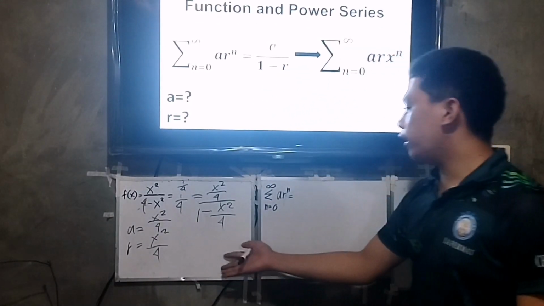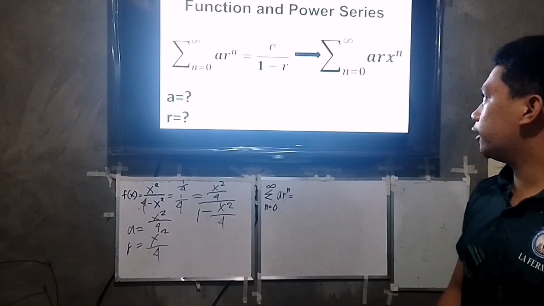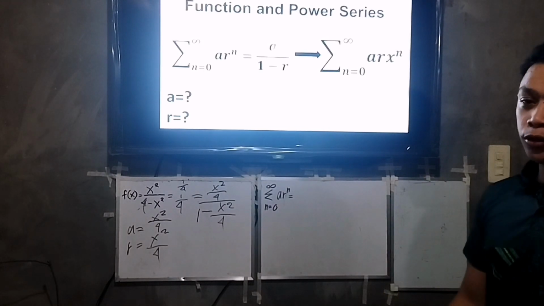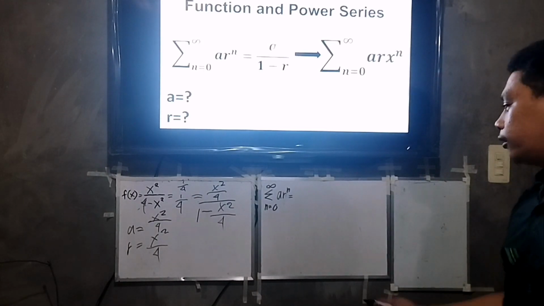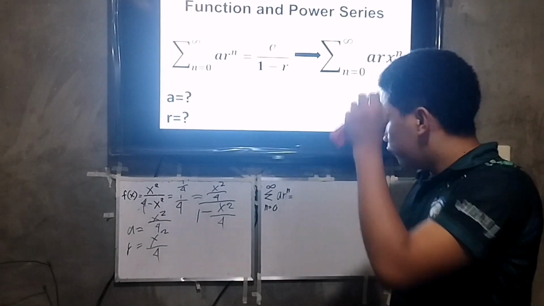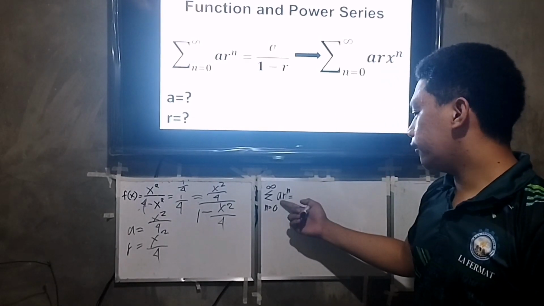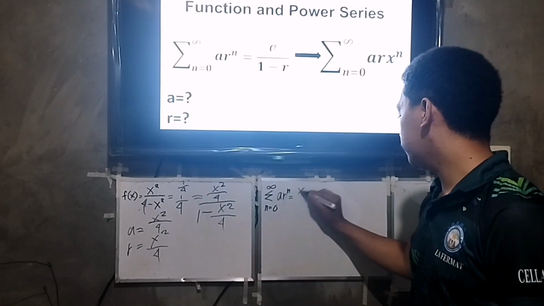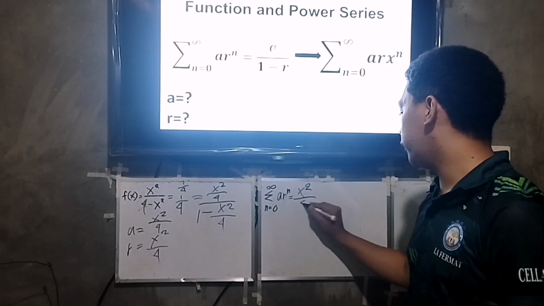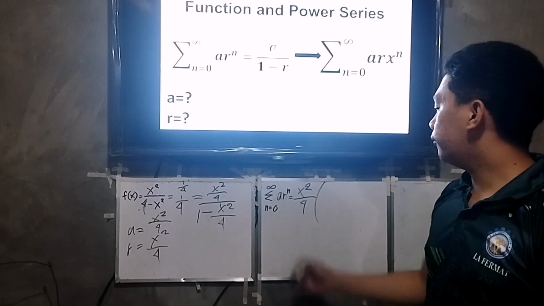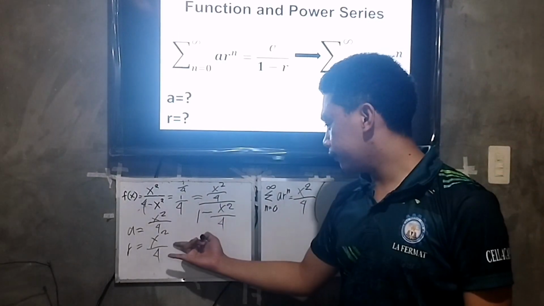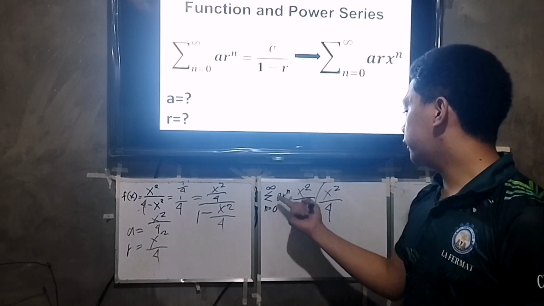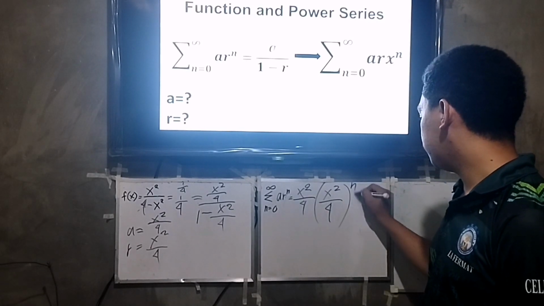So next, since we got a and r, we proceed to the summation of a r to the power of n, as n approaches from n equals 0. So from this a, we input a, which is x squared over 4, multiplied by r. r to the n is x squared over 4 to the n.